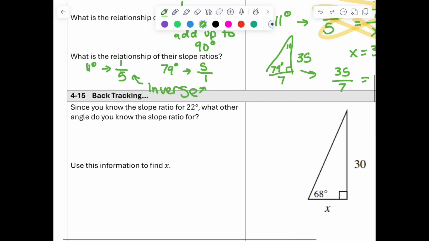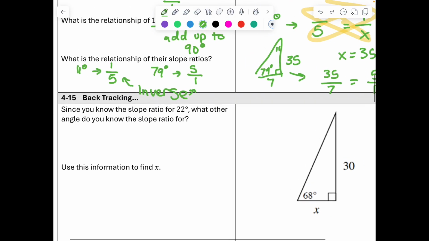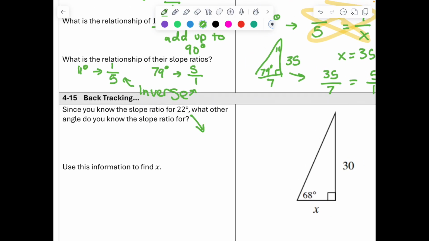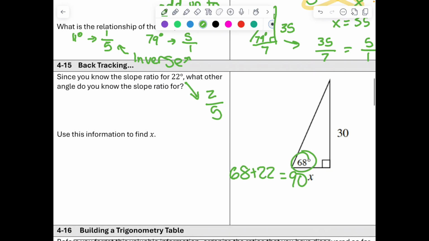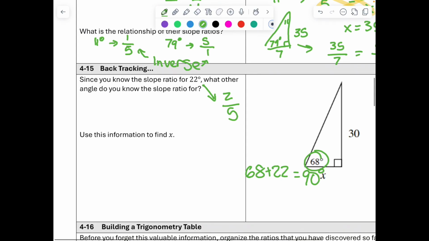So let's go ahead and apply this. We know the slope ratio for 22. 22 is a 2/5 slope ratio. 68 plus 22 add up to 90 degrees. So we know that their slope ratios should be inverses. So the slope ratio for 68 is going to end up being the inverse of 2 over 5, which is 5 over 2.